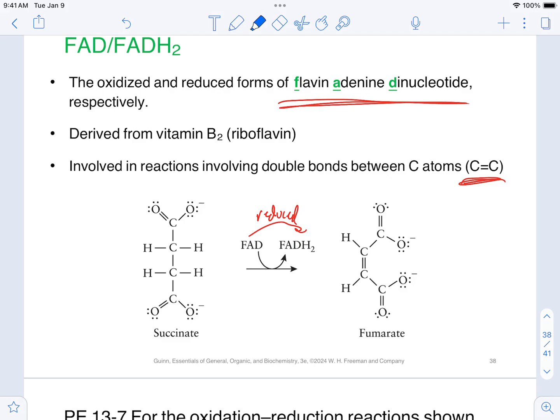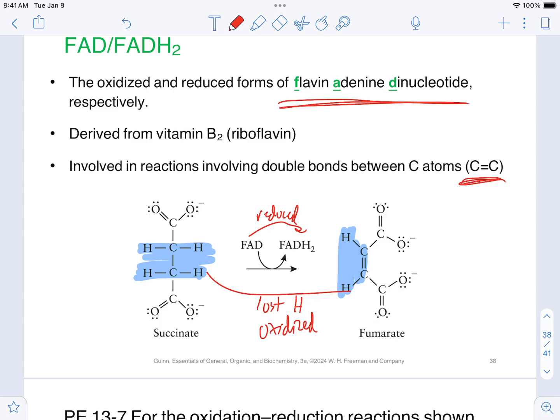If you look at the two different structures, the middle portion is what's different here. On the left, you have those carbons with 4 H's, and on the right, you have carbons with 2 H's. So you lost H's there, which means it's oxidized.